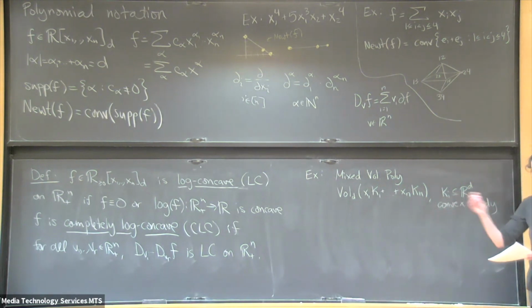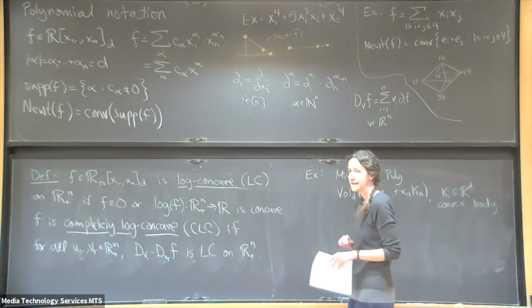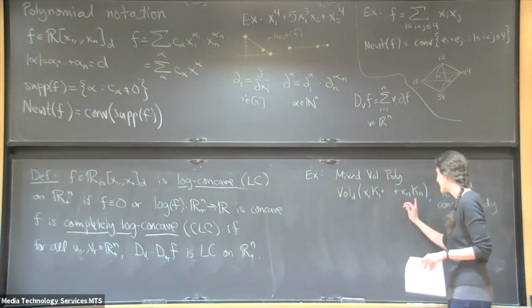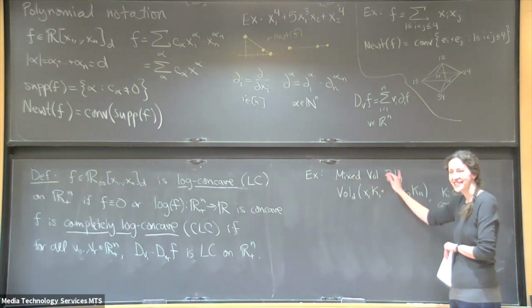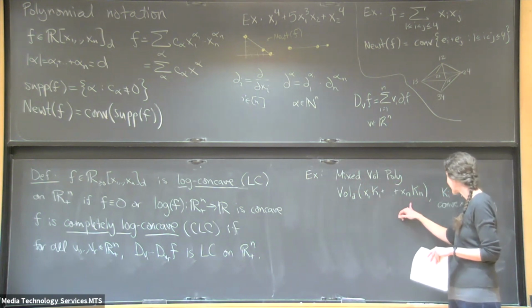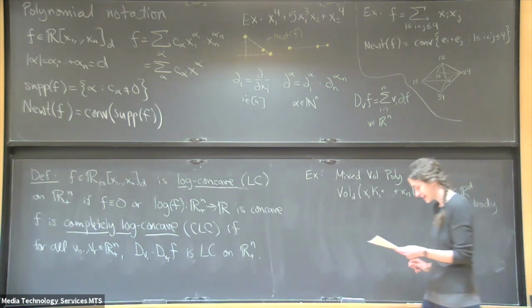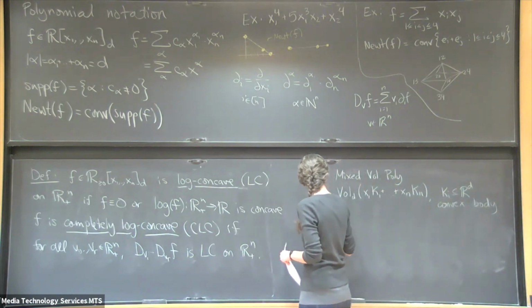It turns out that these have this property of being completely log-concave. But first of all, it's a polynomial. There are a lot of theorems hiding in this statement. This is a polynomial in x_1 through x_n of degree d, and it satisfies all this nice stuff.